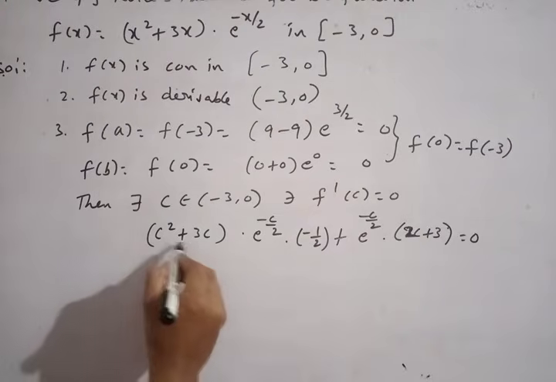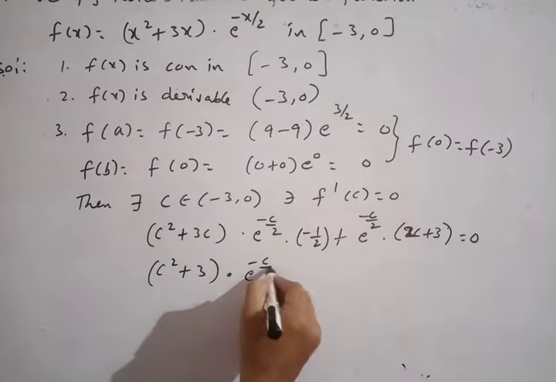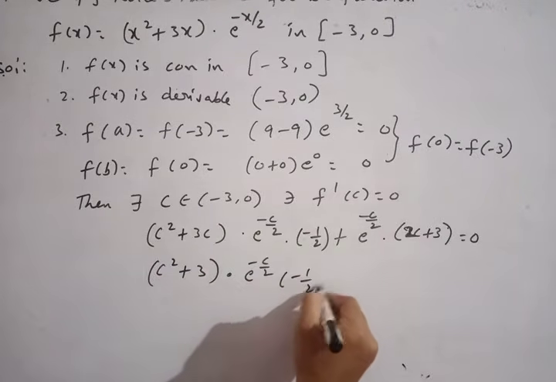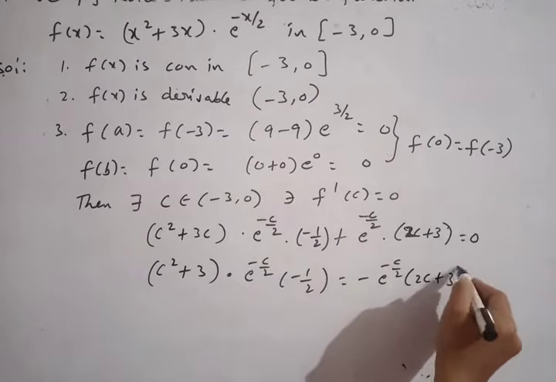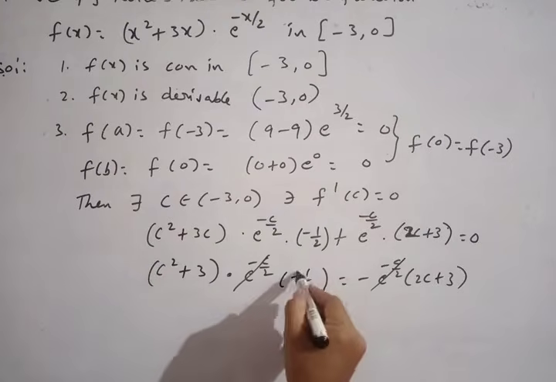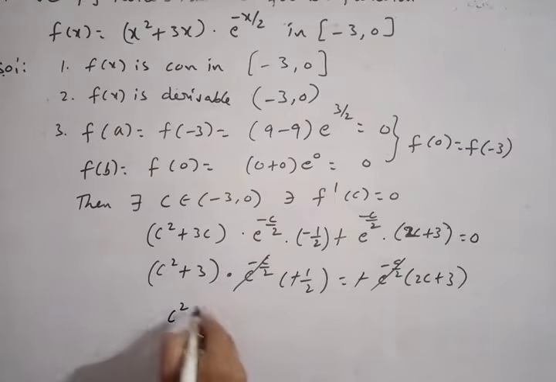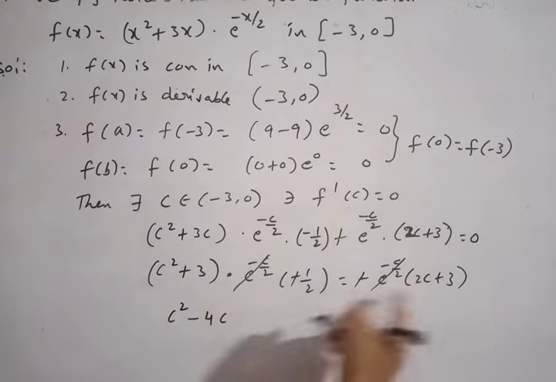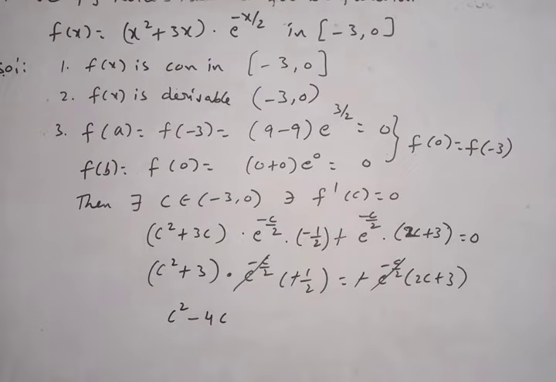Otherwise, take this term to that side. So (c² + 3c) e^(-c/2) into -1/2 is equal to -e^(-c/2) (2c + 3). So e^(-c/2) cancels, and the minus signs cancel. This 2 will cross multiply. c² plus 3c, and 4c will come this side as minus 4c. 2 threes are 6, 6 plus 3.